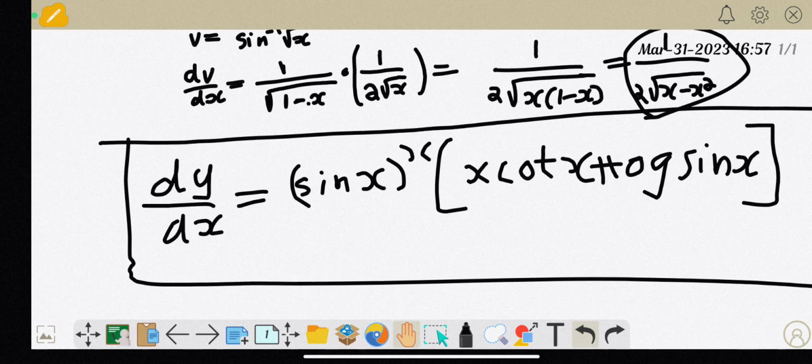It's not that difficult. Question number 10, question number 11. See, question number 9, I will give you a hint. Question number 9 is easy actually. We'll solve question number 9 now.